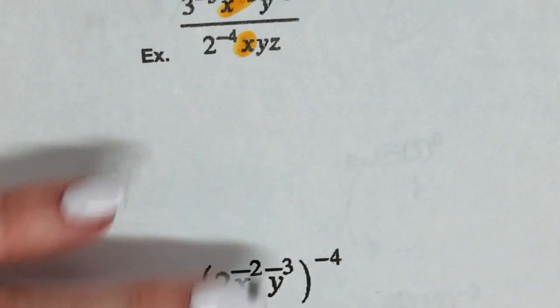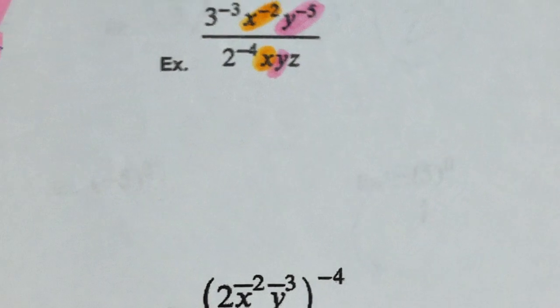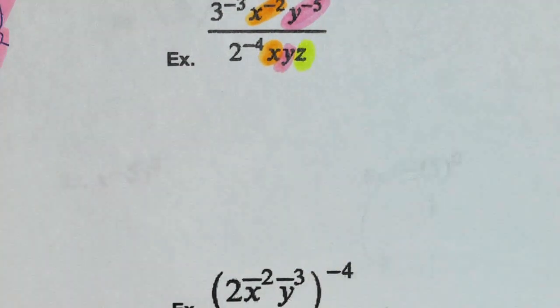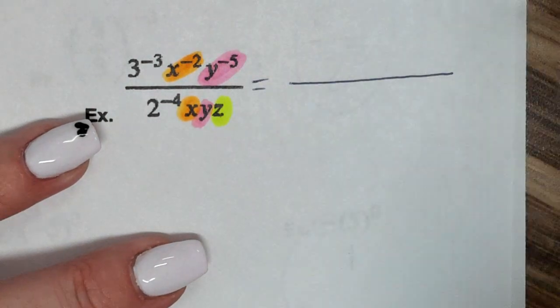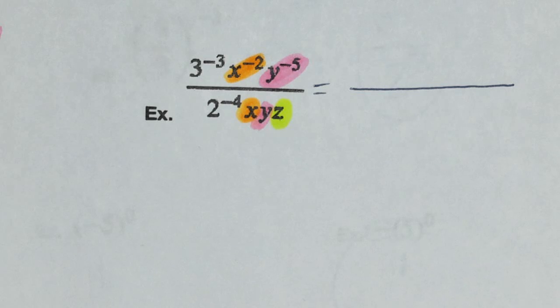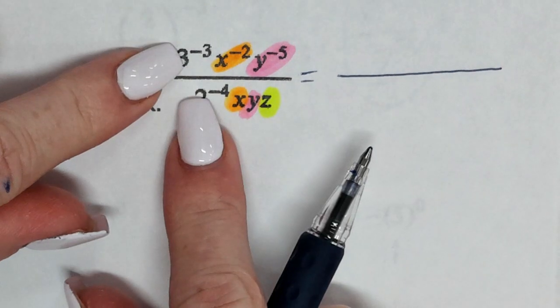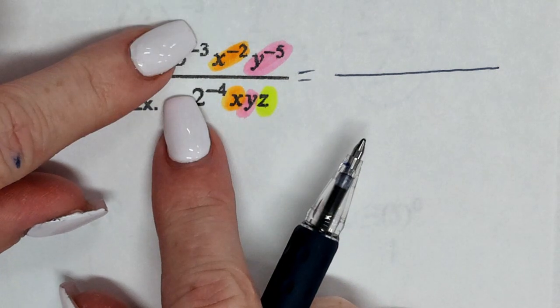So if you did that, you're on the right path. The next thing you do is draw a fraction bar to show your work. Everybody good? I am going to deal with these numbers later because they got negative exponents. I don't feel like dealing with them yet. If you want to deal with them now, that's fine.